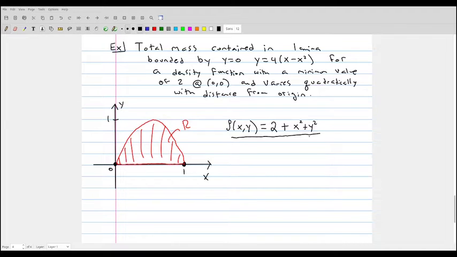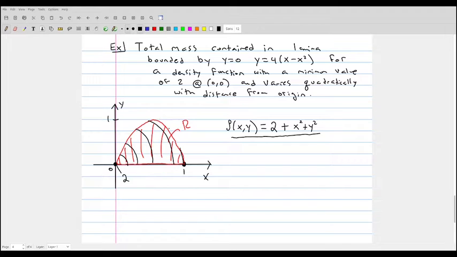When x and y equal 0, or you're at the origin, the mass density is 2, and then the level curves of this function are circles. As you move away from the origin, you see very clearly that the mass density is increasing to some maximum, and it turns out the maximum is right around here.